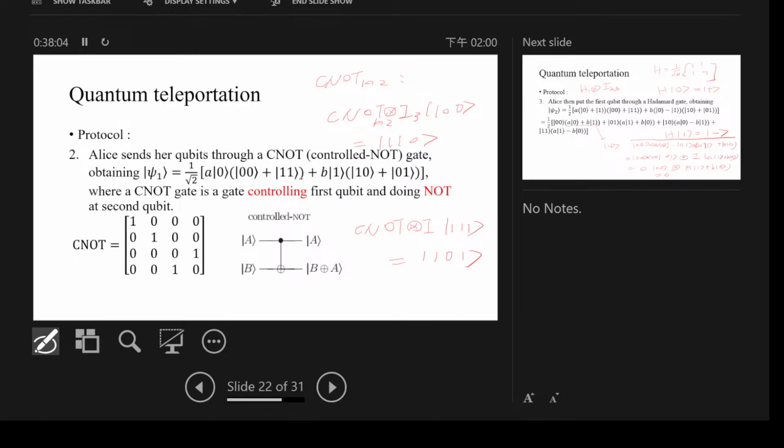Alice will do things on her two qubits, and the first thing she does is a CNOT gate. We haven't talked about the CNOT gate, but it is kind of a classical gate because it maps computational basis states to computational basis states. It's a really classical gate.